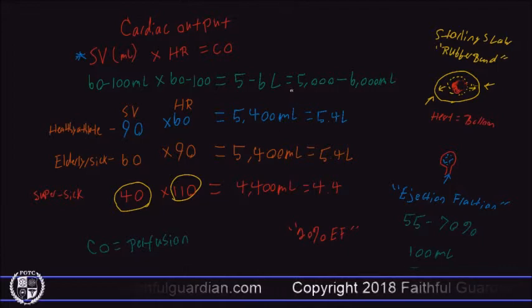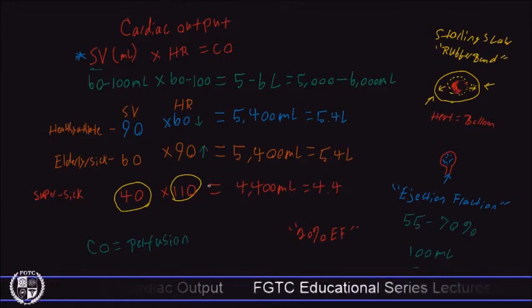All right, so the big things to keep in mind are: understand that we cannot calculate stroke volume in the field. Understand that your heart rate is indicative of your patient's health, but it is not necessarily a direct relationship. Your healthy athletes typically have a lower heart rate than your sick or unhealthy patients, and if somebody is super sick, their heart rate is going to be very elevated.